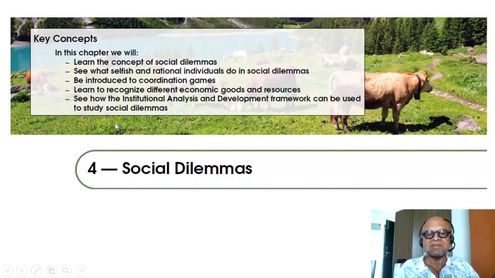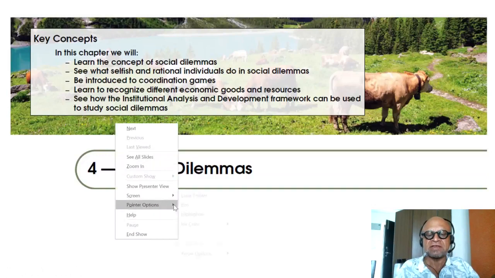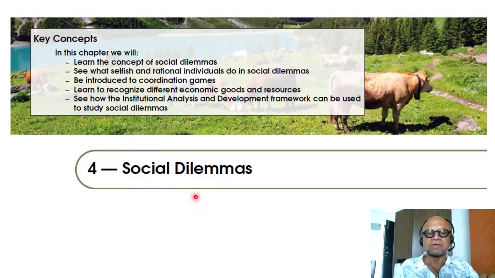So social dilemmas arise in this context, and it's a very interesting topic, and we will need it to determine the institutional analysis and solutions to solving social dilemmas, so that the outcomes lead to triumphs of the commons and not tragedies of the commons, right?